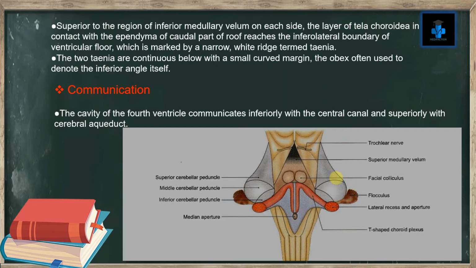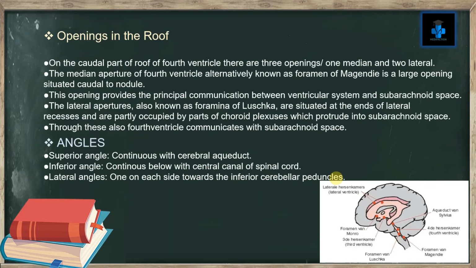Communication. The cavity of the fourth ventricle communicates inferiorly with the central canal and superiorly with cerebral aqueduct. Openings of the roof. In the caudal part of the roof of the fourth ventricle, there are three openings, one median, two lateral.